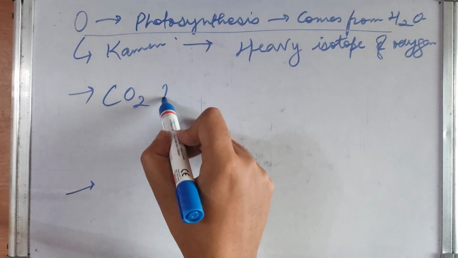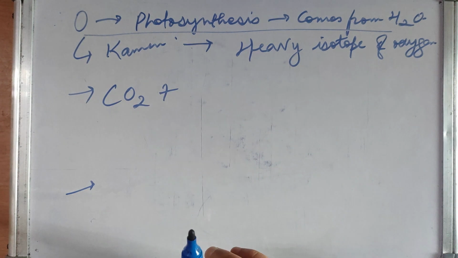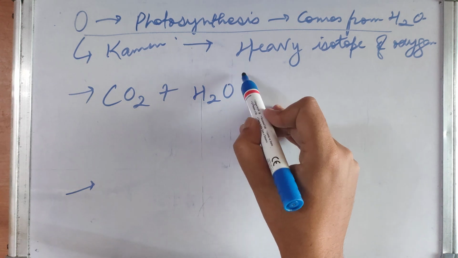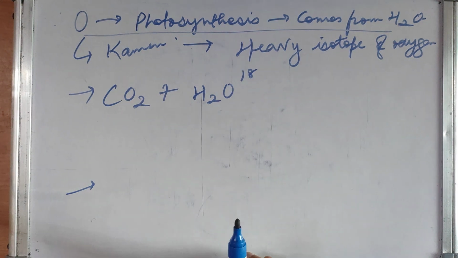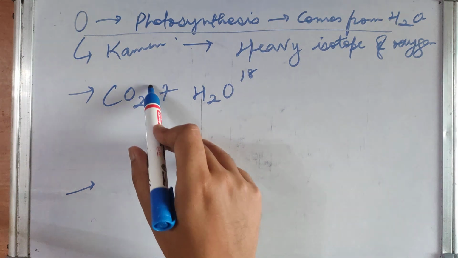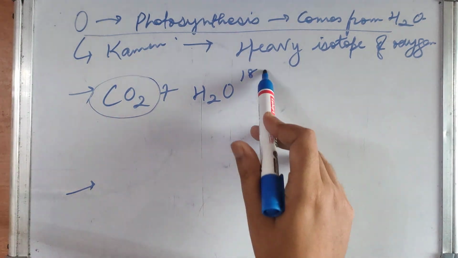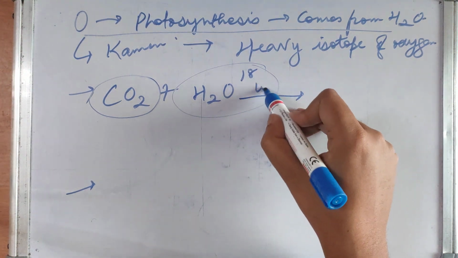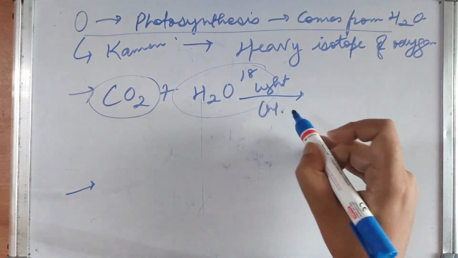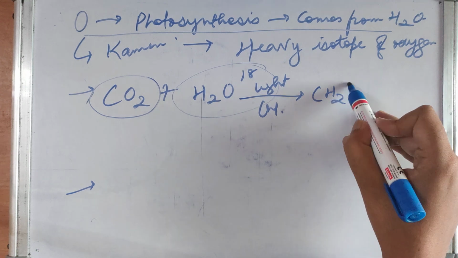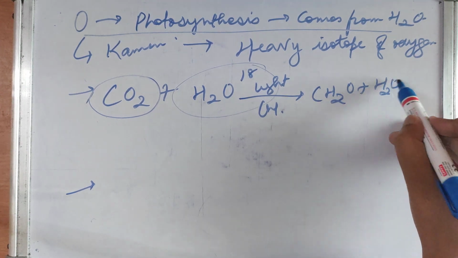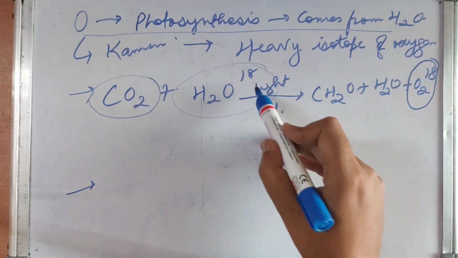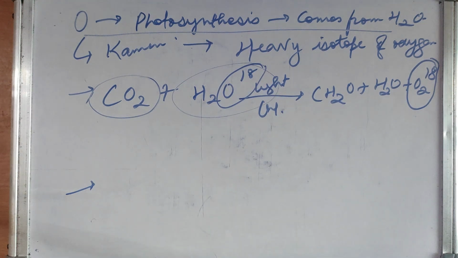First, he took normal CO2 and H2O18, and in the presence of light and chlorophyll the products were CH2O plus H2O plus O2 18. So it suggests that the O18 here comes from water.